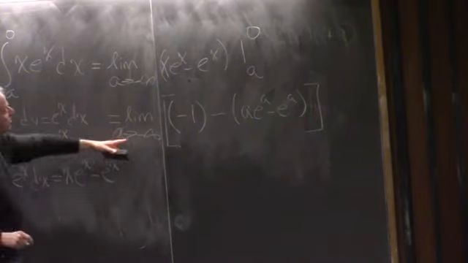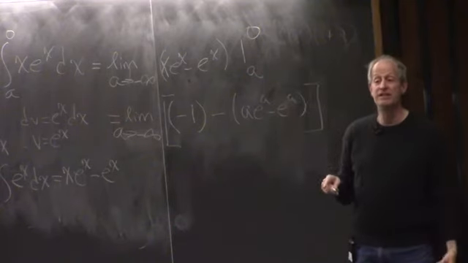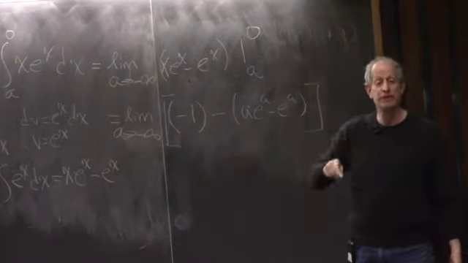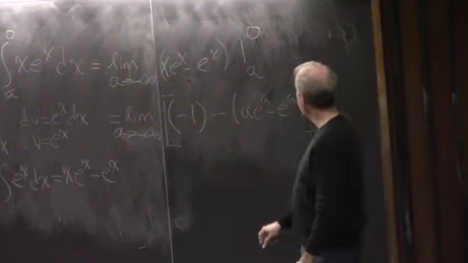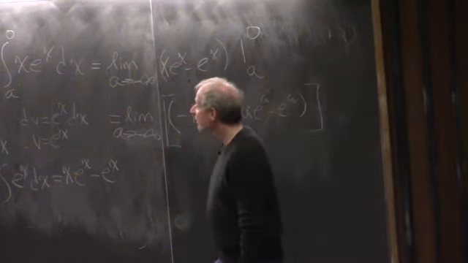Okay. So minus 1 is easy. When I do minus infinity, what is e to the minus infinity? That's 1 over e to the infinity, which is 1 over infinity, which is 0. So this is going to go away. That's just minus 1. So this is the only tricky part. So how do you integrate a e to the a as a goes to minus infinity? I'm sorry, not integrate. How do you take the limit?